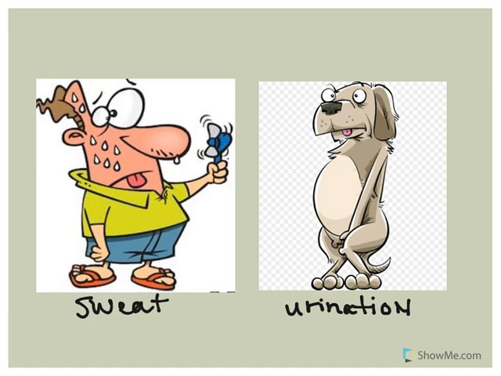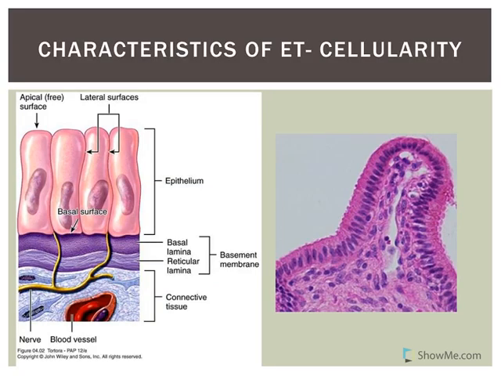Now, before we look at the different types of epithelial tissues, I do want to talk about some characteristics of epithelial tissues. One of the things about epithelial tissues when you compare them to any other tissue type is they're very cellular. They exhibit what we refer to as cellularity. When you look at them, you see mostly cells.